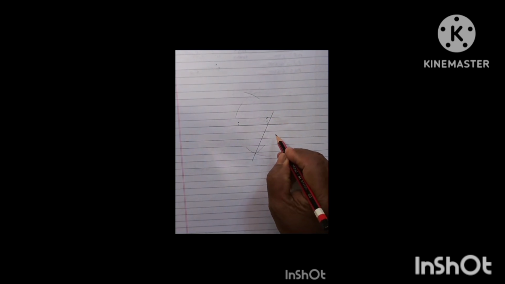All these marks and points and everything are a part of construction, so you are not supposed to rub or erase anything. That is very important. You will come across many important tips in the following videos as we proceed further.